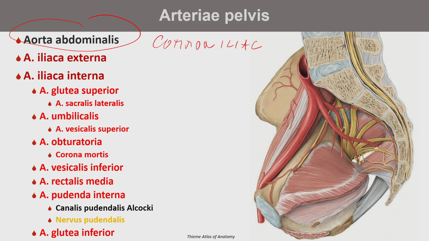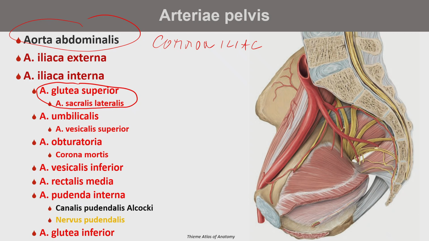The internal iliac artery has a main dorsal branch, called gluteal superior. The superior gluteal artery goes to the dorsal part of the pelvis in the gluteal region, through the foramen suprapiriforme, accompanied by the superior gluteal nerve.